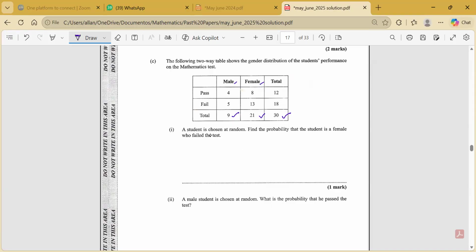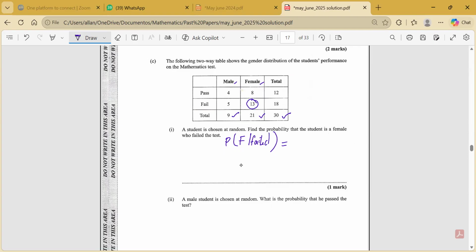Find the probability that the student is a female who failed the exam. So you choose somebody at random. What is the probability that it is a female who failed?